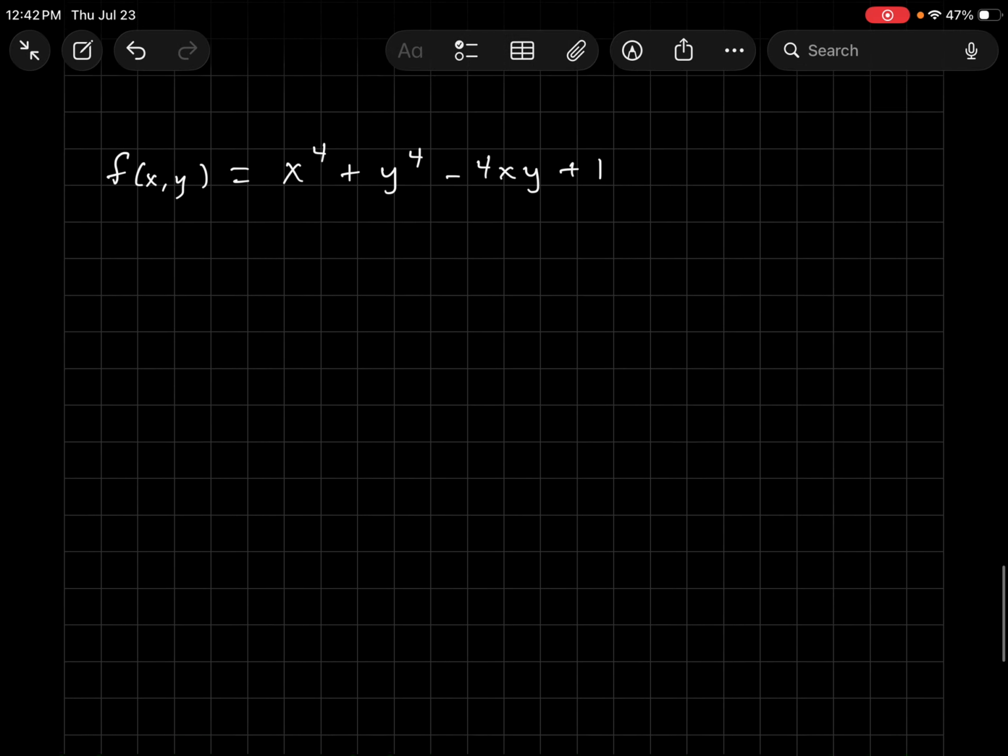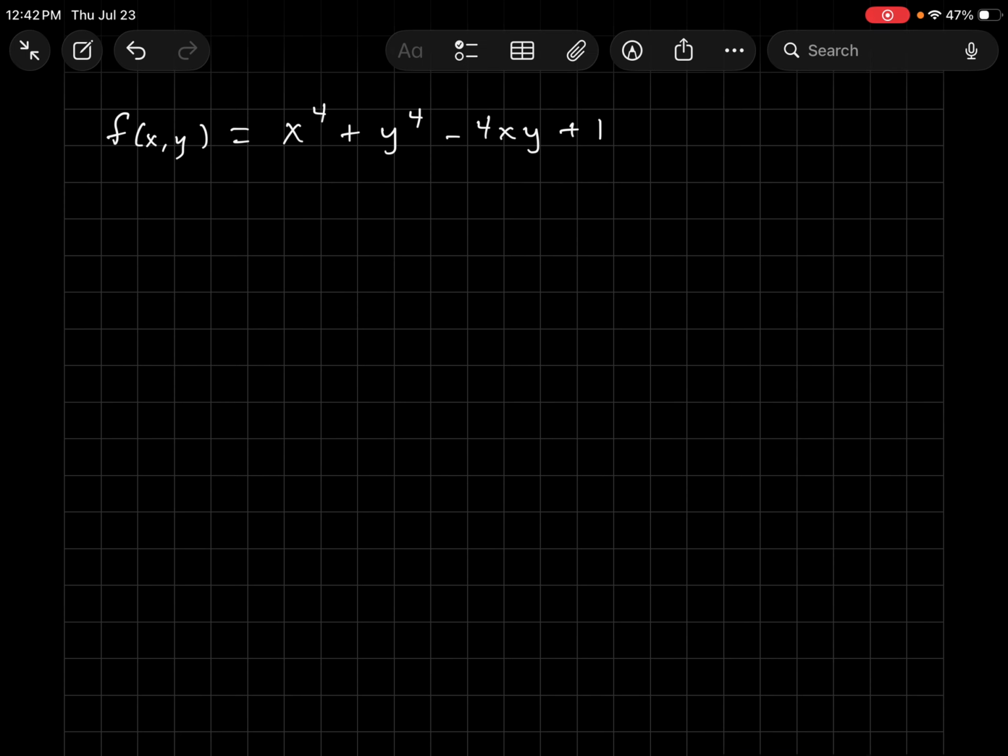Let's look at a more complicated example, but the same idea. Find the critical points. Are they local maxes, local mins, or neither? We'll start by finding our first partials. So we get the partial with respect to x is 4x cubed minus 4y, and this will equal 0 when y equals x cubed.